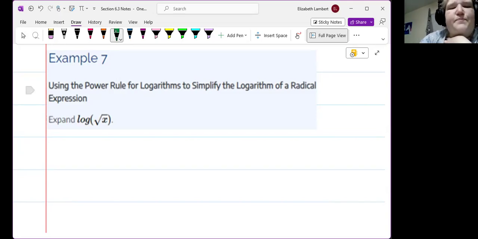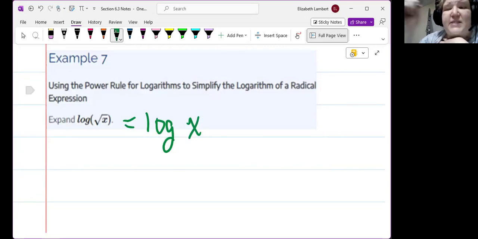All right. And then we have the log of the square root of x. So just like we saw in some of the exponential problems, square root here is awkward. So we're going to change it to its numeric exponential form. So remember, square root, because it cancels out squares, it's the same as the number that would cancel out multiplying by 2, which is a half.